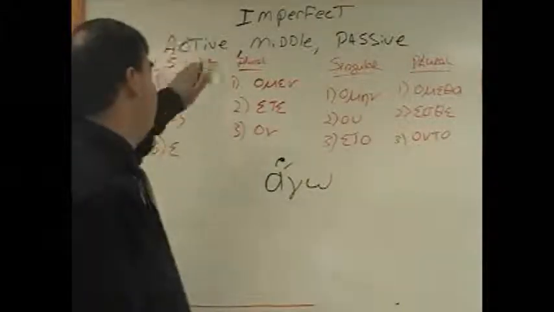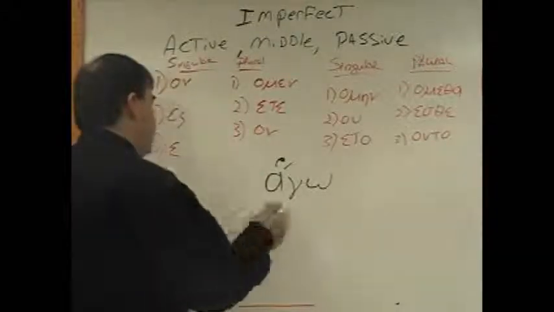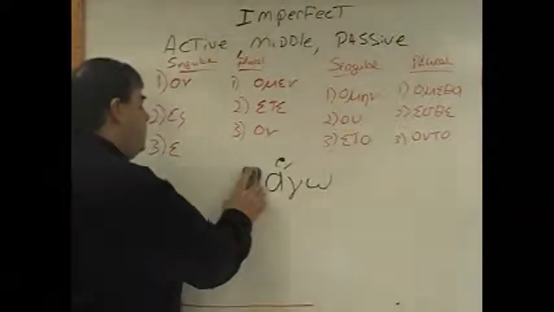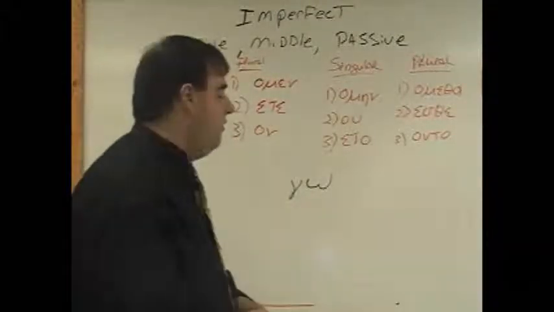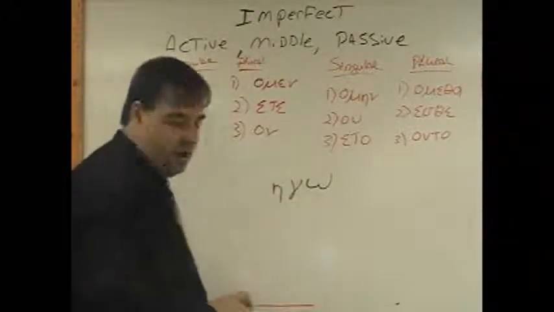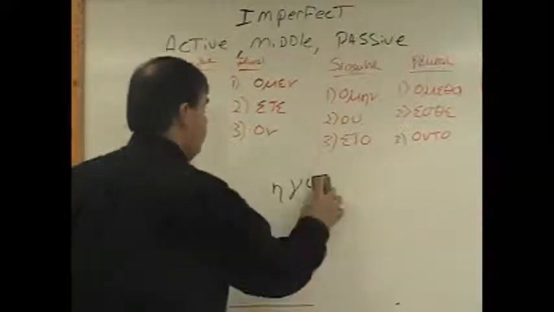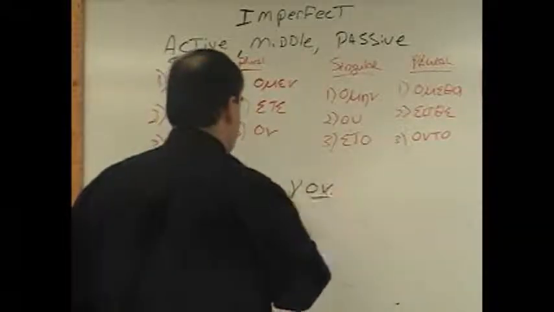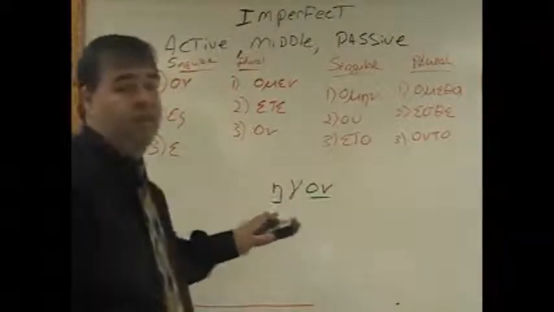If it was going to be an imperfect, basically we would not put the augment like this, because this is not a consonant. This is a vowel. If this is a vowel, it lengthens. So this can get unnerving, but it goes from an alpha to an eta right there. And the o, of course, if it was first person singular, would be on. Alright, so now it's age-on. Okay, age-on, because it lengthened it.